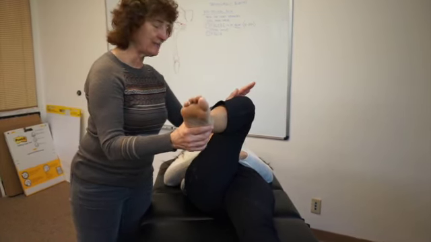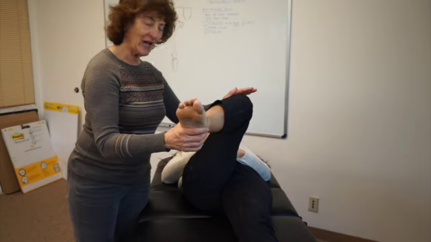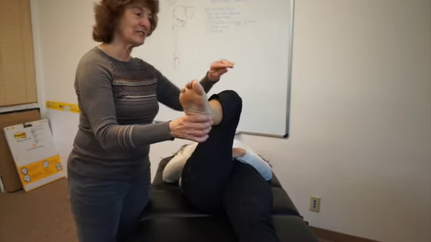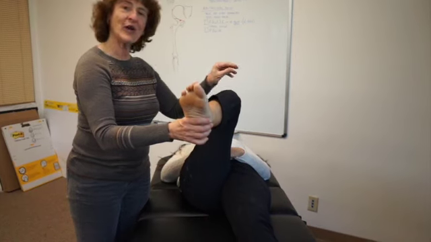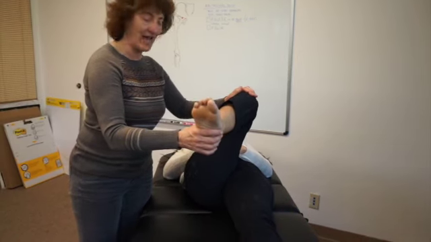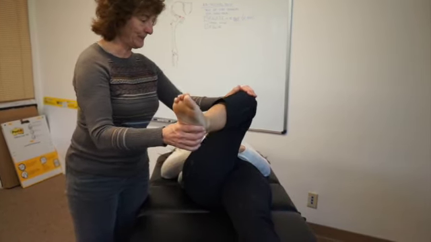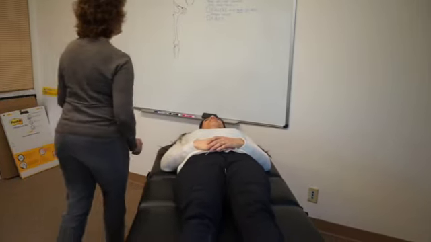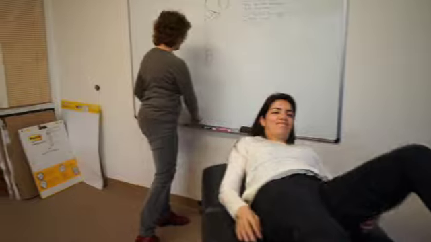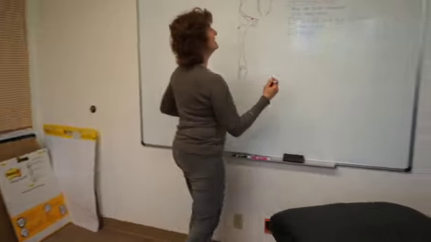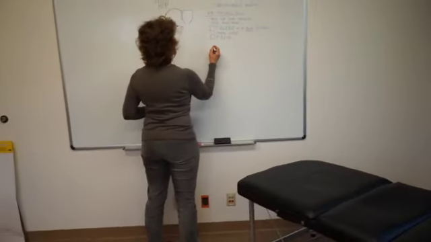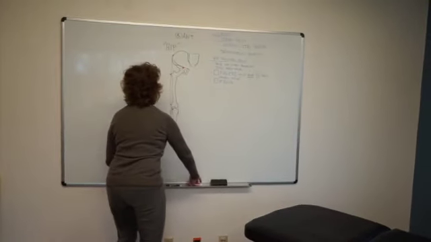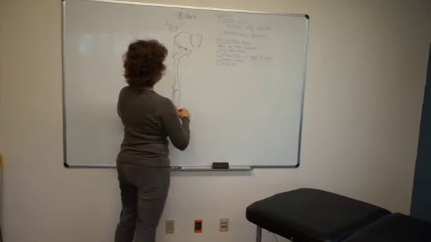So you're really compressing the area of where the labrum is most commonly injured, which is along the anterior and superior margin of the acetabulum. Okay, thank you. So that's pain in the mid-inguinal area.